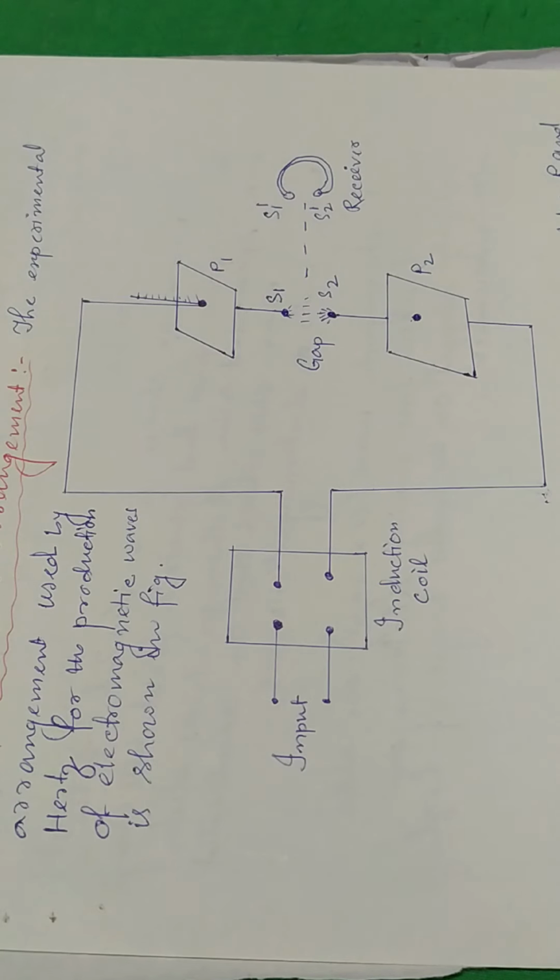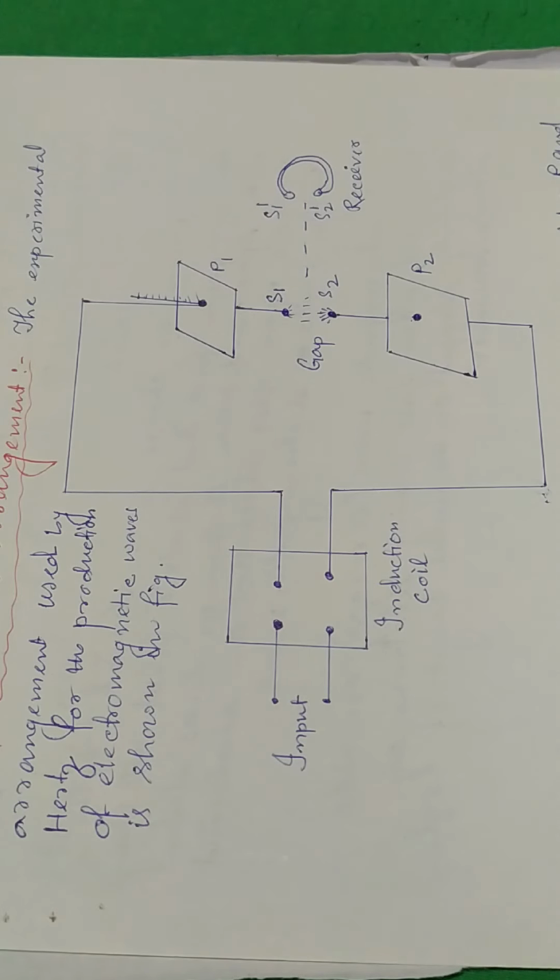Electromagnetic radiation falling on the detector induced a potential difference across the gap. This was evident as sparks jumped across the gap.